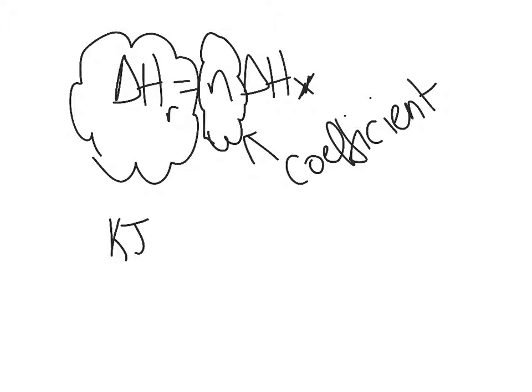Delta H is equal to negative 890.8 kilojoules. So, for every 1 mole of methane that's burned, and I say 1 mole because the coefficient in front of methane is 1, you produce 890.8 kilojoules of energy. So this is an exothermic reaction. Your delta H is negative.